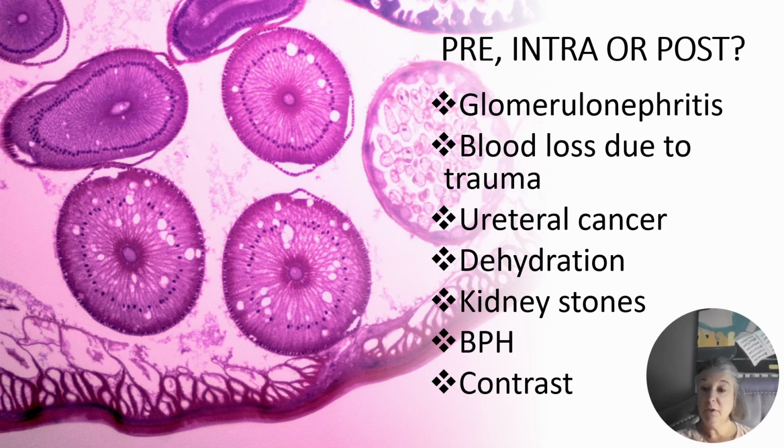Ureteral cancer, intra, that's part of the kidneys. Dehydration is pre. Kidney stones, post. That is causing an obstruction. BPH, post-renal. That's causing an obstruction. Contrast that now results in AKI. That would be intra, because now we have actual damage to the kidneys.